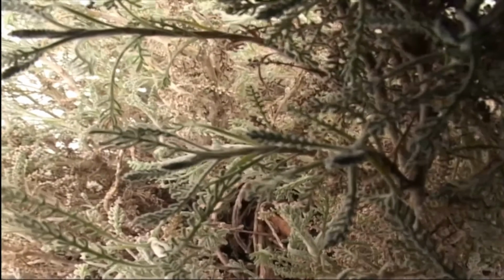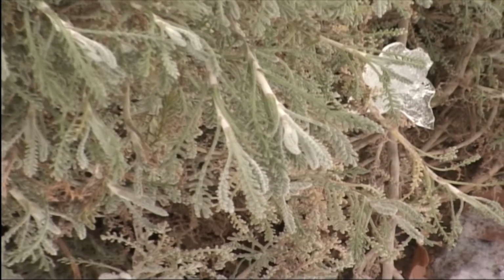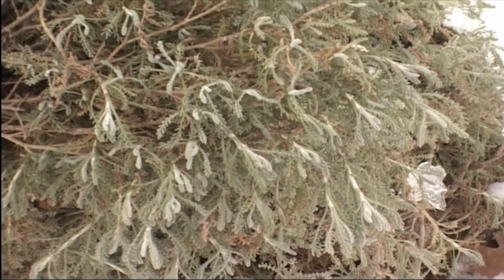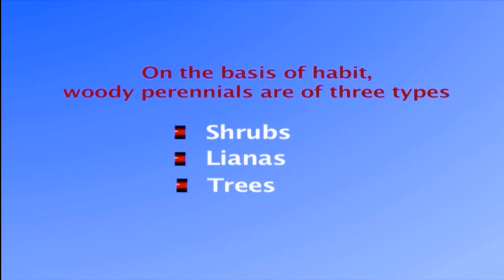While the narrow-leaved woody perennial plants bear leaves which have a narrow blade or lamina, as we can see in Santolina. Based on their habit, the woody perennials are generally categorized into three main groups. These are the shrubs, lianas and trees.